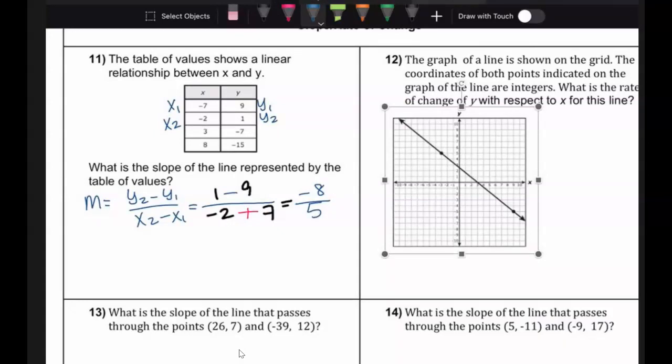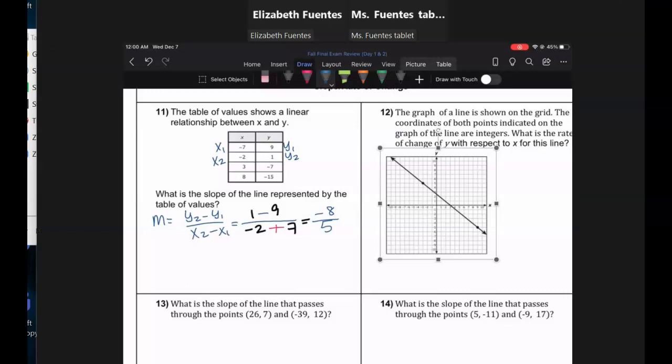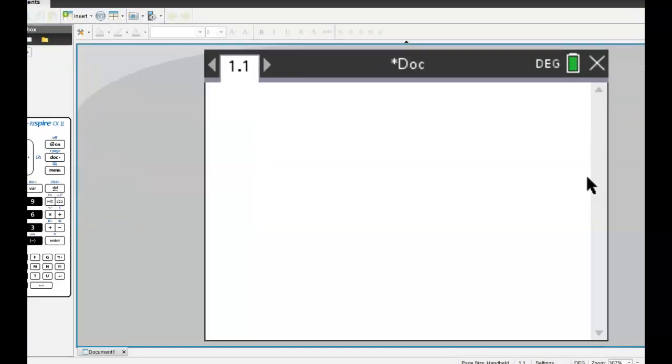Now, if you're not good at simplifying fractions, then what you can do is go to your calculator and say, okay, well, control divide, negative 8 divided by 5. If it gives you the same fraction back, it means it does not simplify. You could have also, if we've done control divide, put our equation exactly as it was.